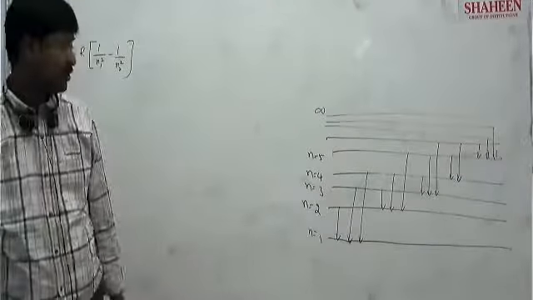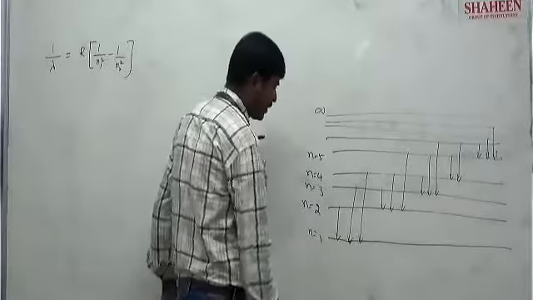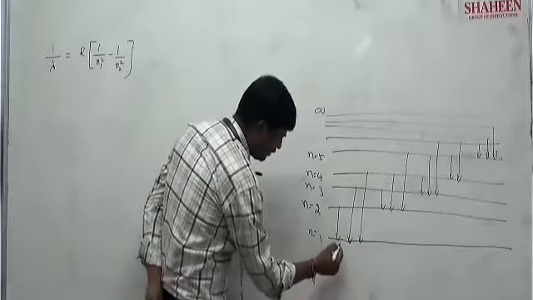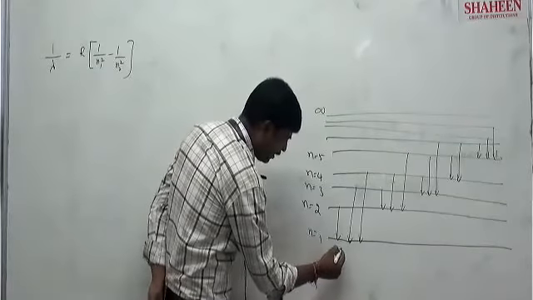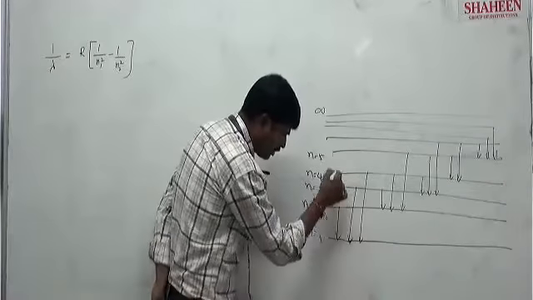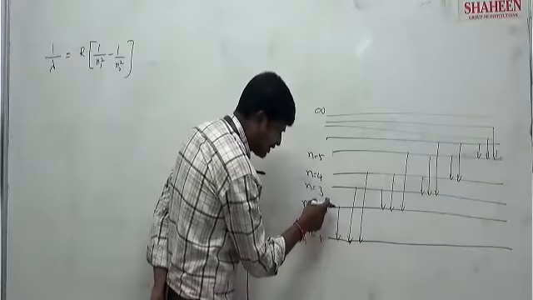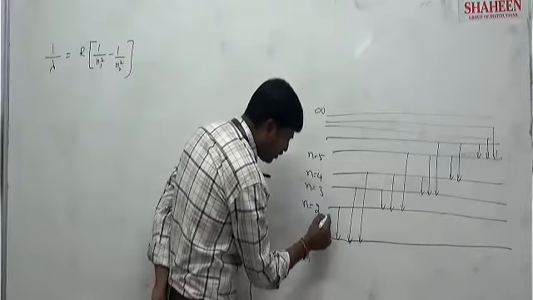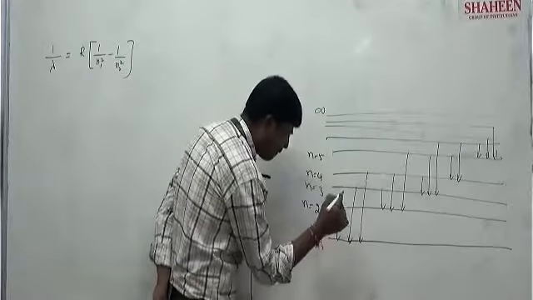Okay. In the Lyman series, the first spectral line, which comes first from the excited state to the ground state, we call K alpha.